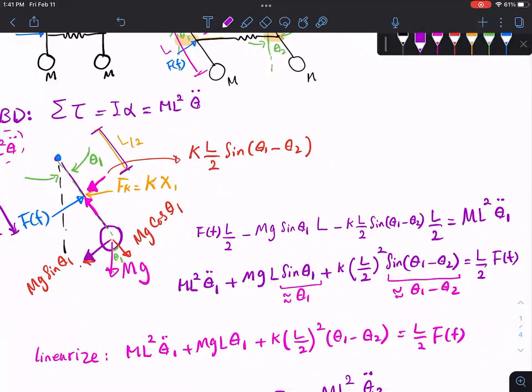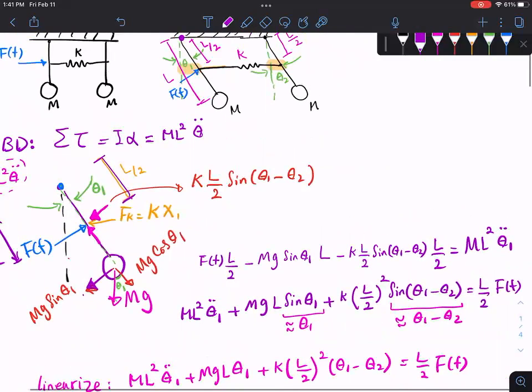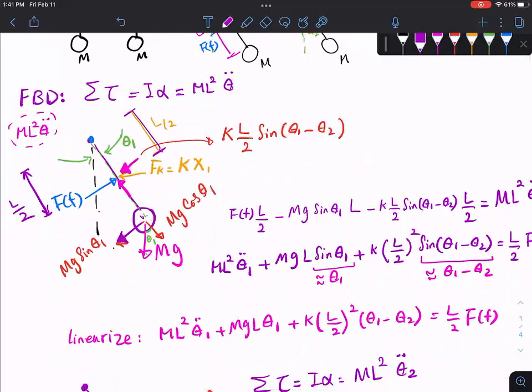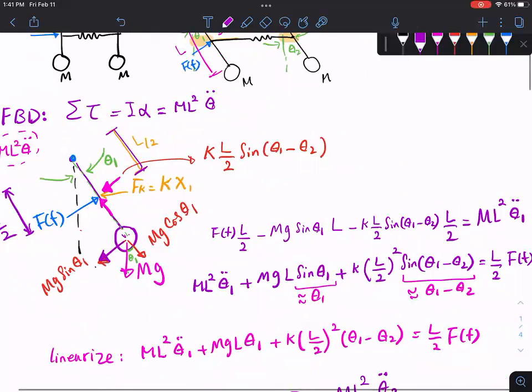So mg sine of theta 1 times L, this distance here, the distance of the rod, minus this KL, this f of k, times L over 2, which is the halfway point. So here we calculated torque. If we call it torque of mg and torque of k, that might be a lot easier to understand. And this is torque from force F, right? And this is our inertia.